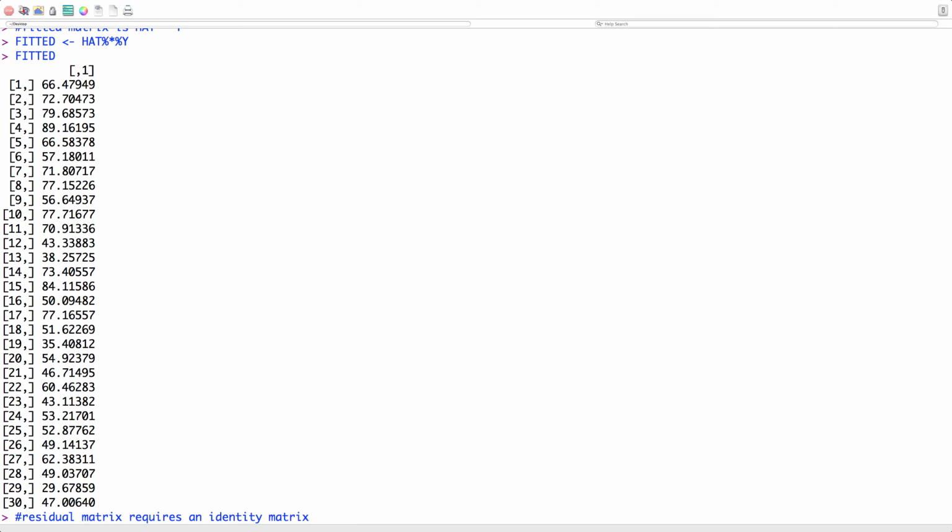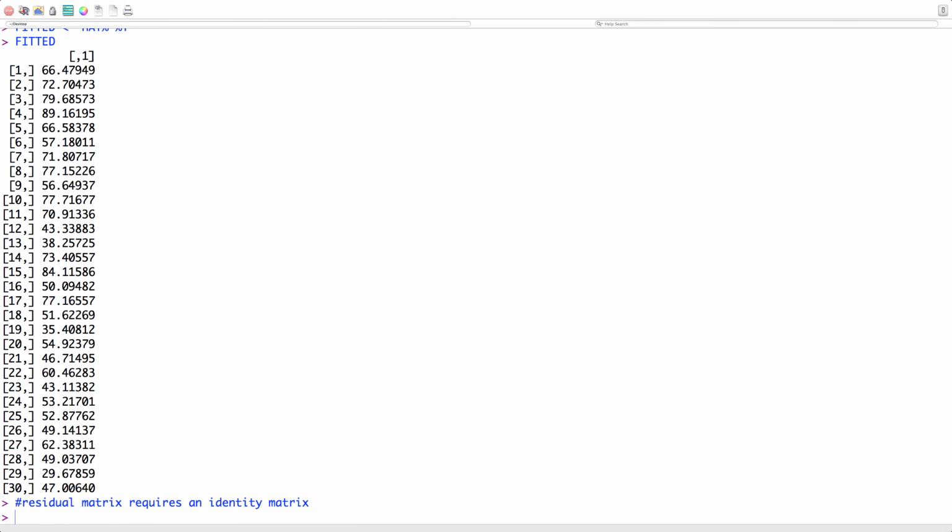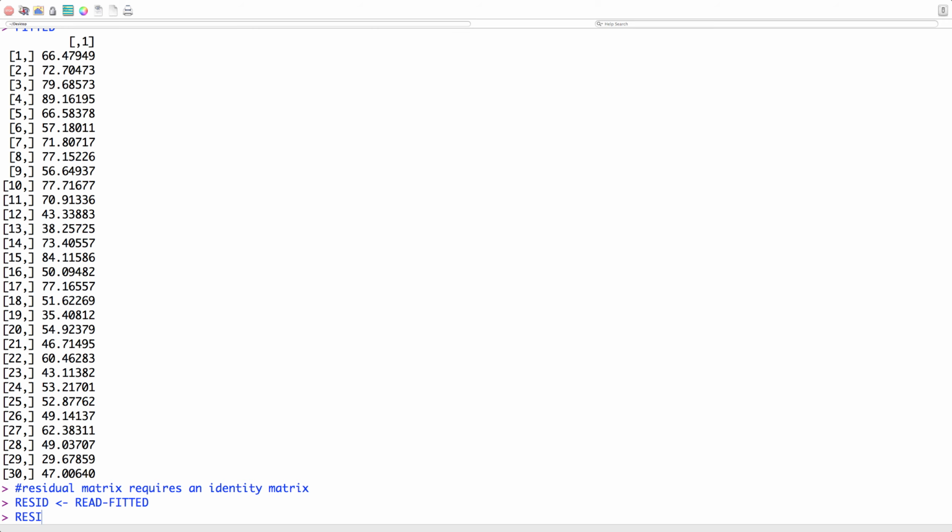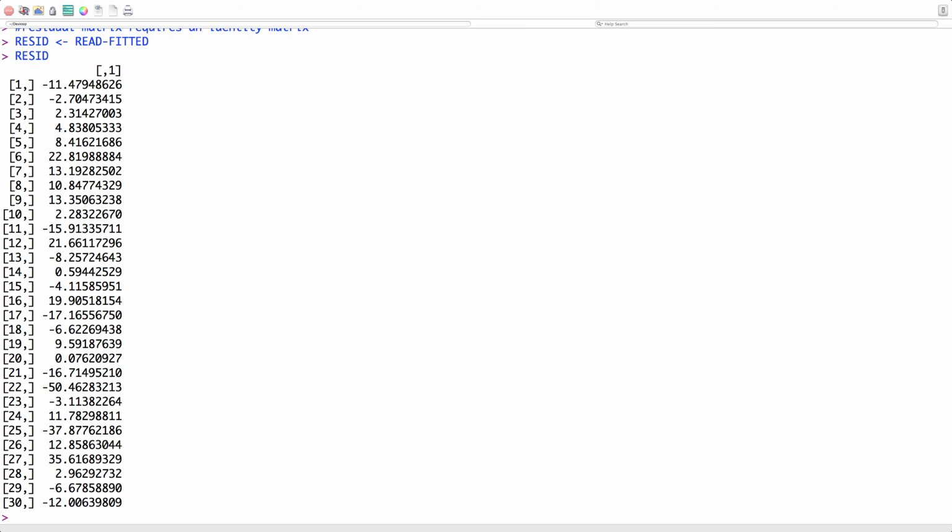And it turns out that our residual matrix, you know what, I guess the easiest way to get our residual matrix would just be to do residual, our observed y's minus our predicted y's. So our residual matrix would look like this.